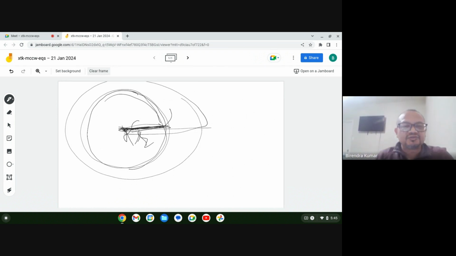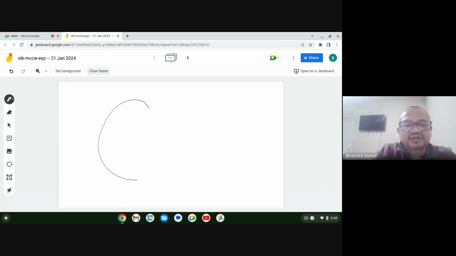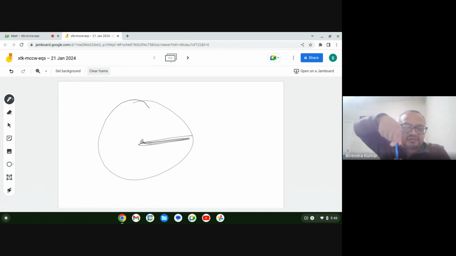So the most important part of a circle is this radius, the length of the string, or what you draw using that geometrical instrument where you put the pencil on one side and rotate it. This side is called the radius. As you would know, this is the center.